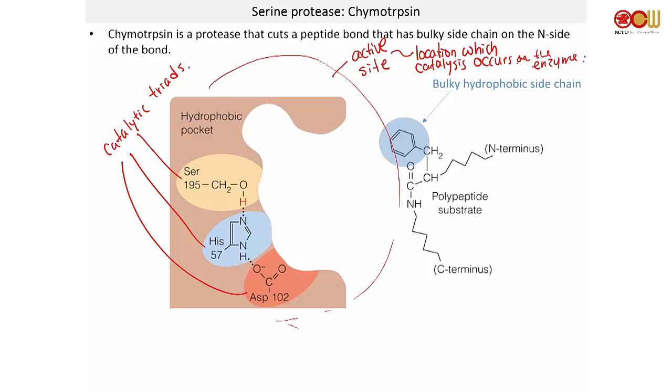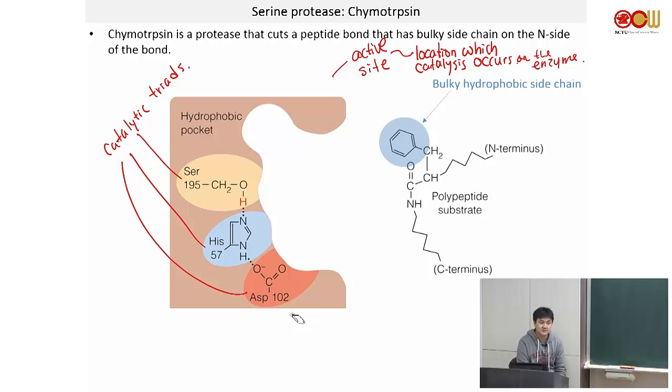So active site. First thing first, chymotrypsin is going to cut only the bulky residues, right? Because if it cuts everything, it's not chymotrypsin. So how does it decide where the bulky residues are? Turns out in chymotrypsin, you have this hydrophobic pocket right about here.